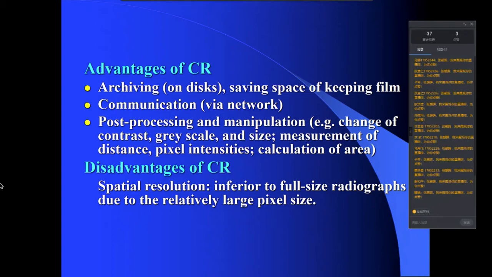Third, the digital image is easy to post-process and manipulate. You can change the contrast, grayscale, and the size of the images, and you can also measure the distance between two different regions on the film or calculate the areas.